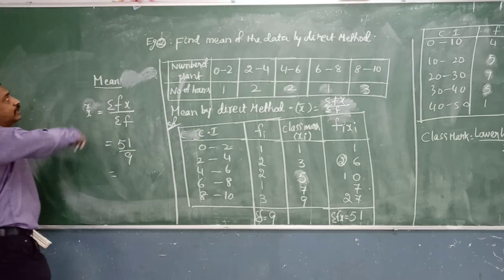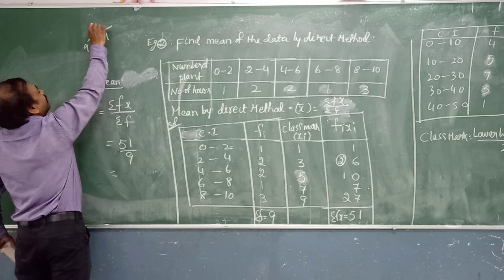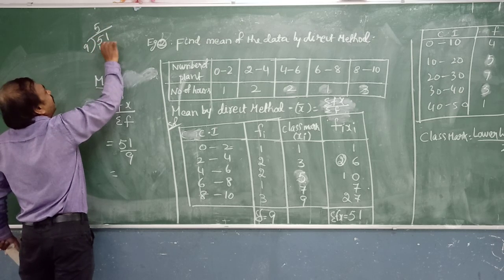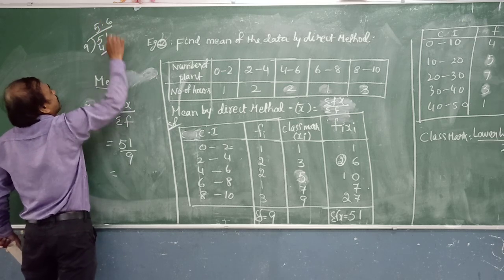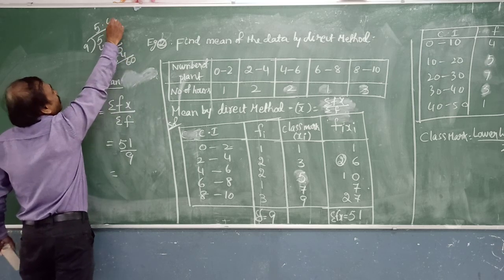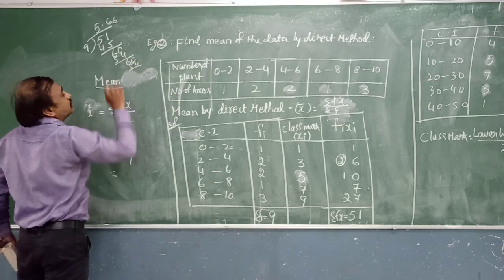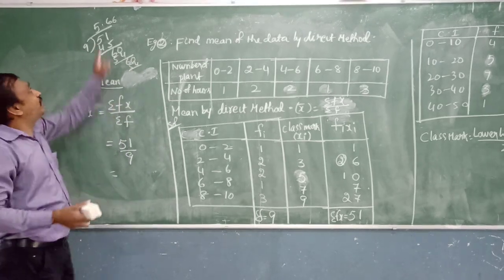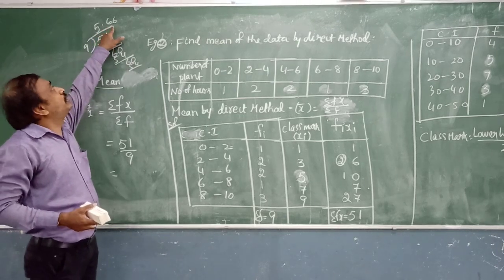If you divide 51 by 9, 9 times 5 is 45, remainder 6, then 60, 9 times 6 is 54, again 6, and again 9 times 6 is 54. So it continues; after the decimal point the division is not ending. Two digits after the decimal point is enough.